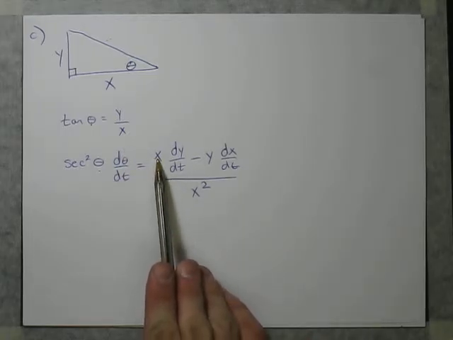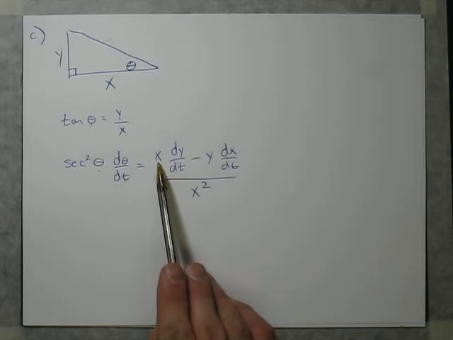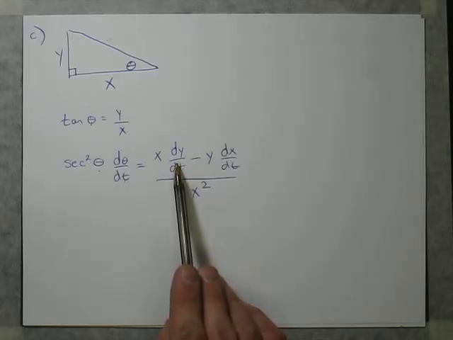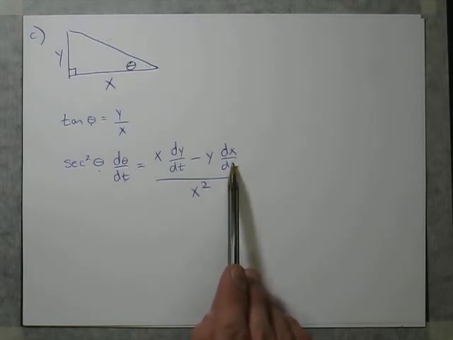So, do I know x? Hopefully you say, yes, we know x. What is x? It is 12. What is dy dt? It is negative 12. y is 5. dx dt is 5.